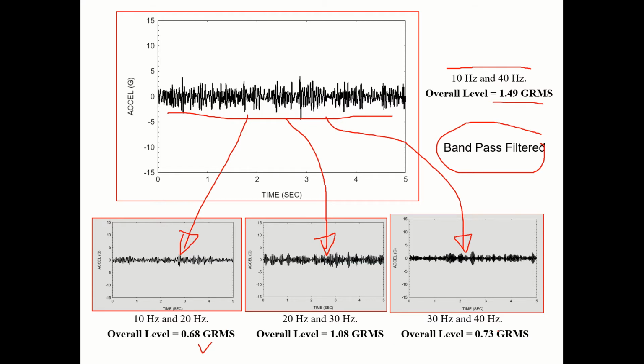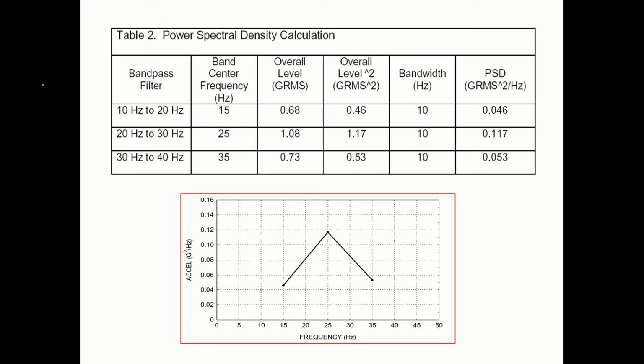Let me fit an equation now. So 10 Hz to 20 Hz is band 1. The midpoint of that band, the center frequency, is 15. The GRMS value I have calculated is 0.68. The square of the GRMS value is 0.46, divided by the bandwidth of 10.